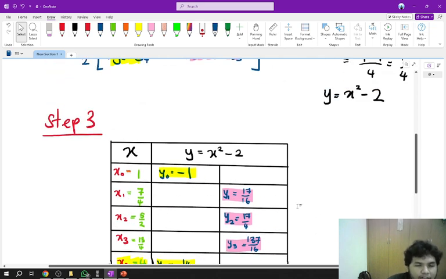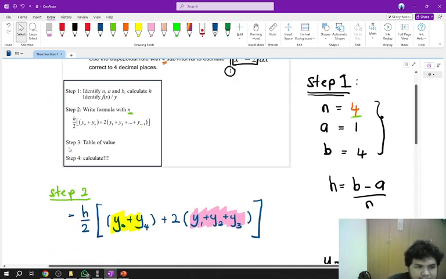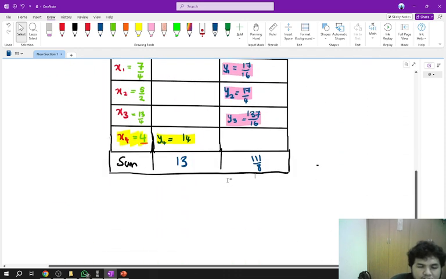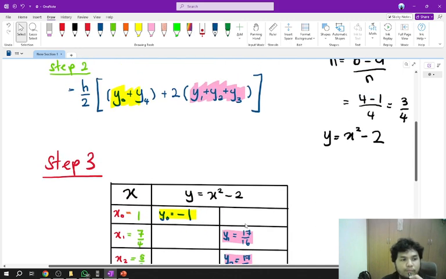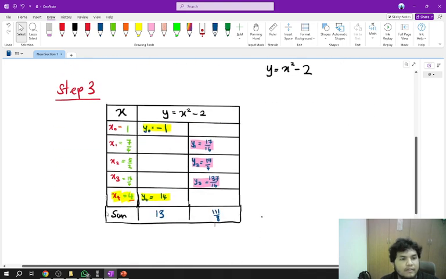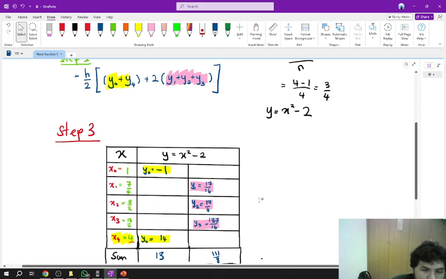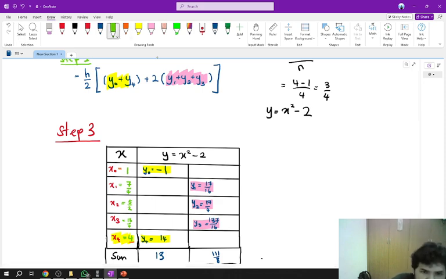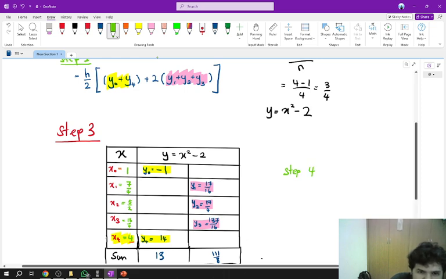Okay, and then we have done step number 3, where you create the table of values for x and y. Then we go to step number 4. We need to replace the values we have found, the summations, back into the formula from step number 1.